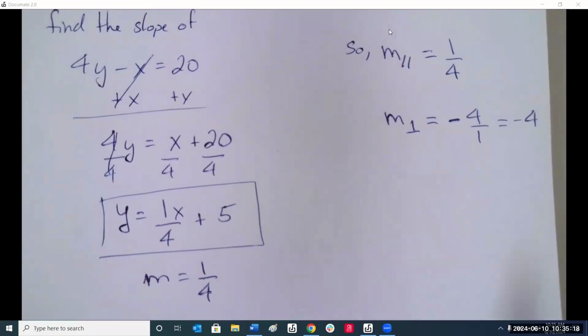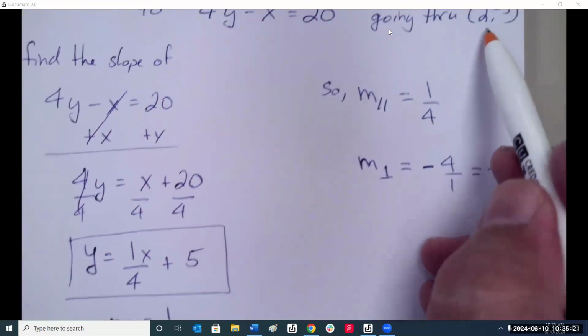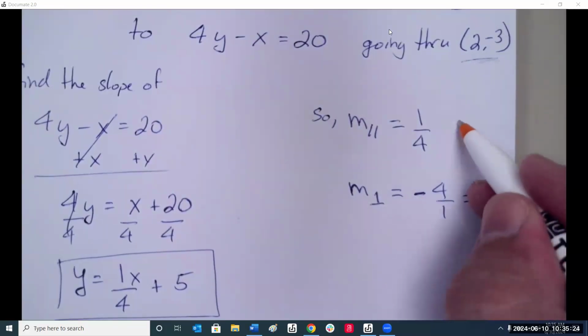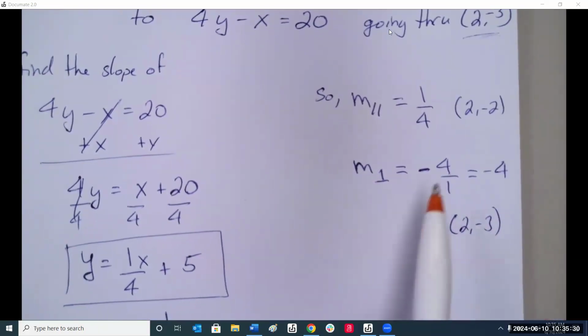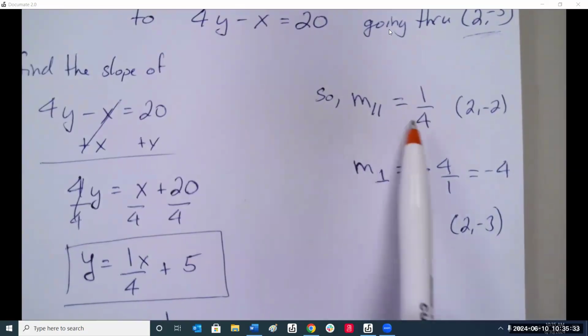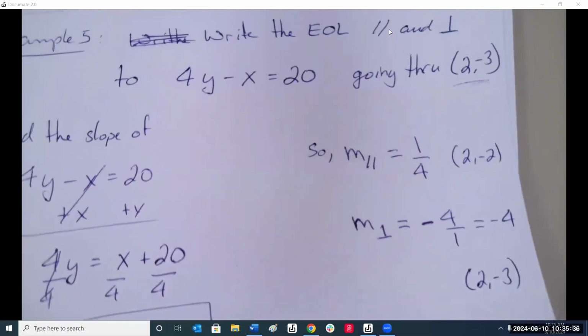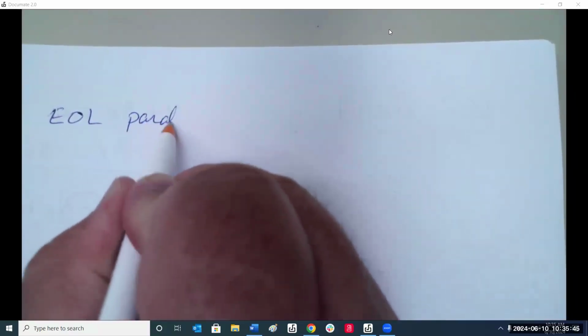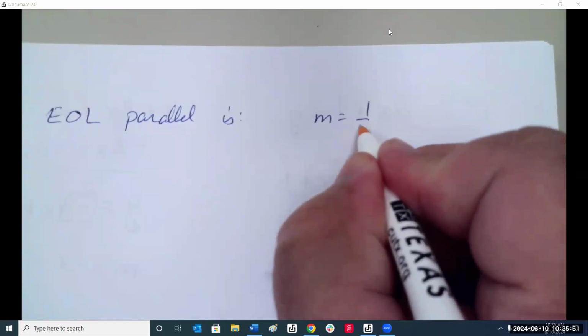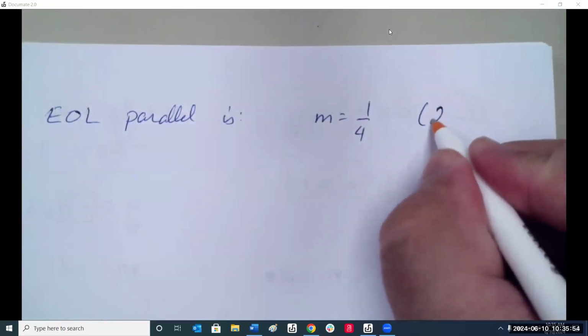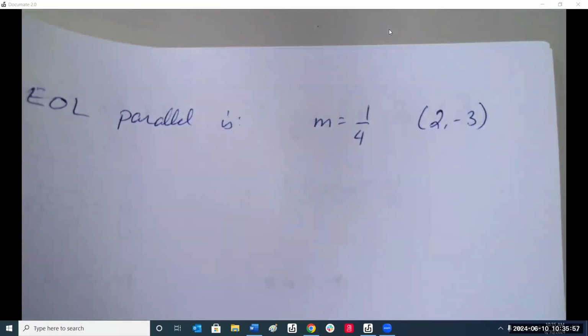So far, so good. So now we have the slopes which we needed, because we have the point right here. So we have the point 2, -3. We just have to find those two equations. So the equation of the line parallel has a slope of 1/4 going through the point 2, -3.